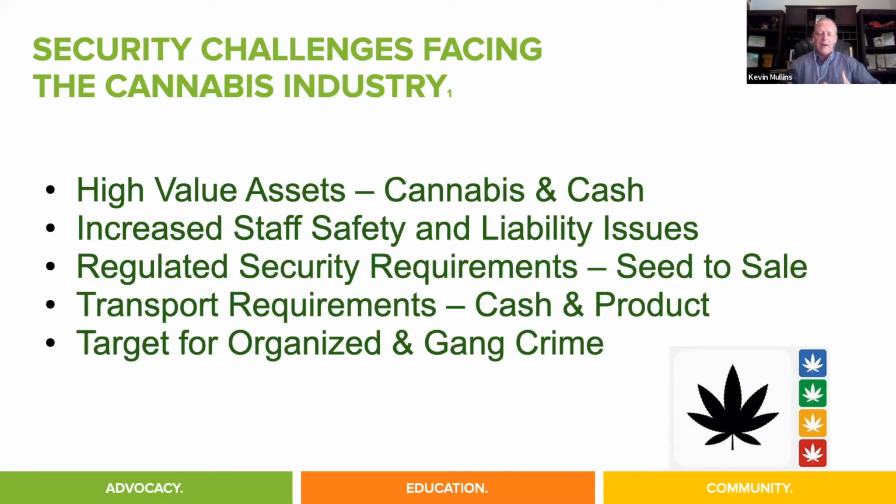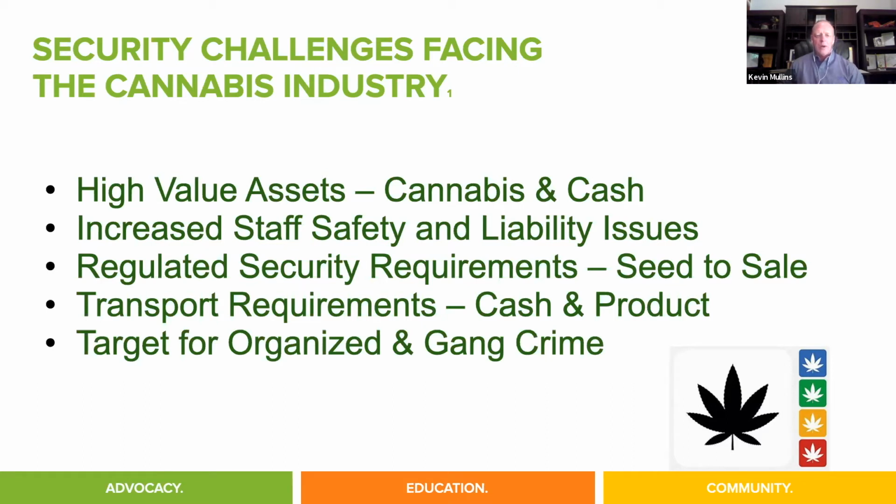A lot of times we want to operate as efficiently as possible. So that means let's take as much product as we can and ship that out. And then what's the risk associated with that, when it might be easier to split those up, maybe change routes, those kinds of things. Because again, someone's watching you, someone's casing you, and understanding the risk associated with that.